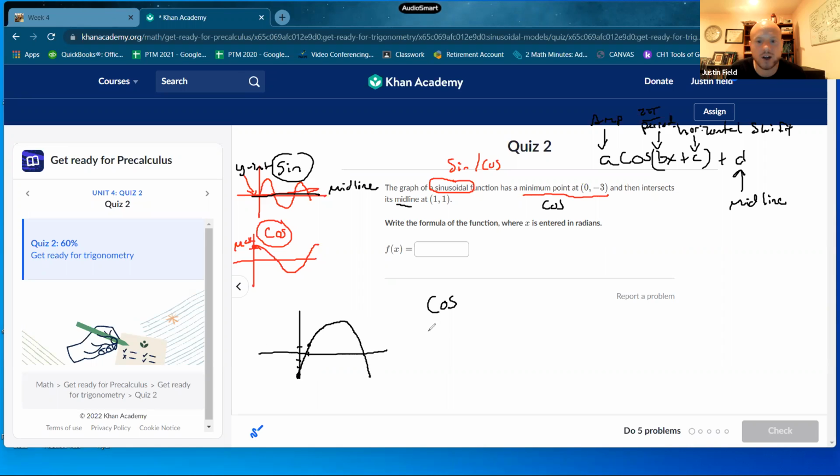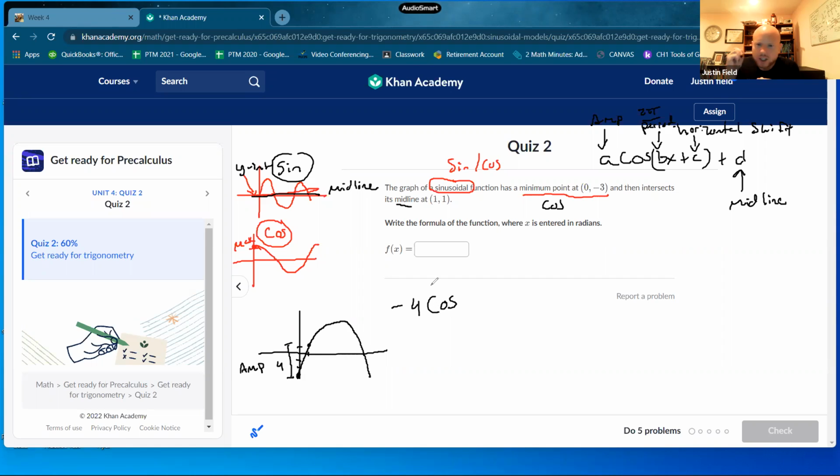The first thing I notice is that this is negative, it's reversed. Also, I want to see what that height is. That's the amplitude. We're going from -3 to 1, that's 4. That means our amplitude is 4.